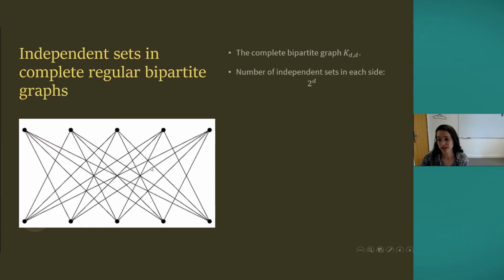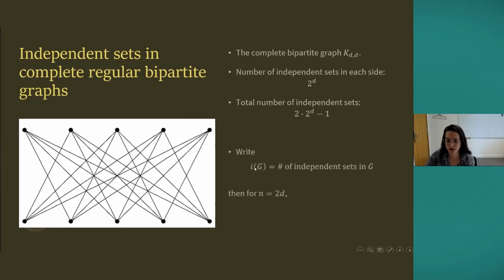So every independent set lies on exactly one side. By symmetry we have 2 times 2 to the D, minus 1 because we don't want to count the empty set twice. So this is the total number of independent sets in this simple graph, K_{D,D}.